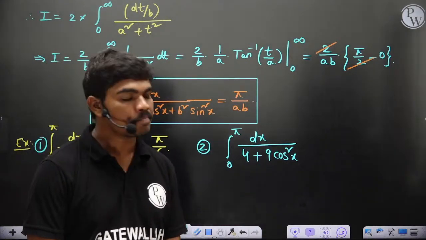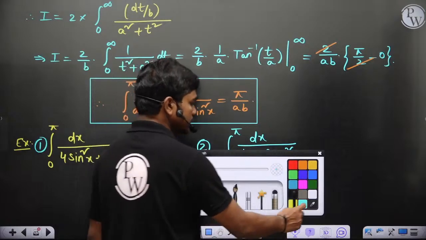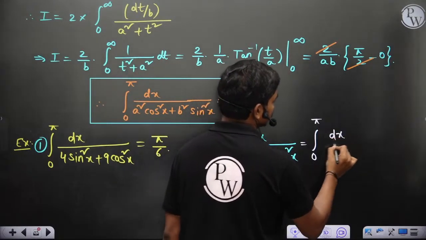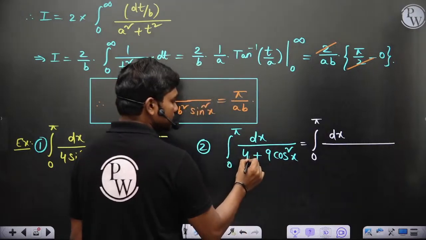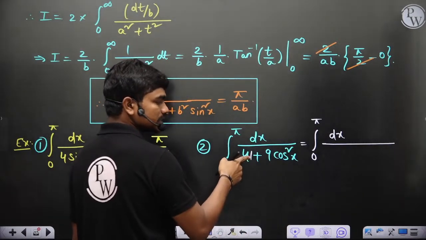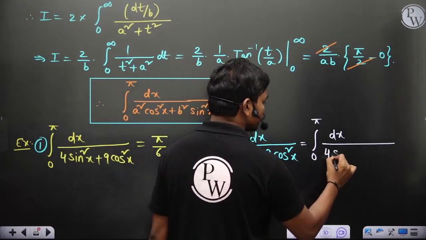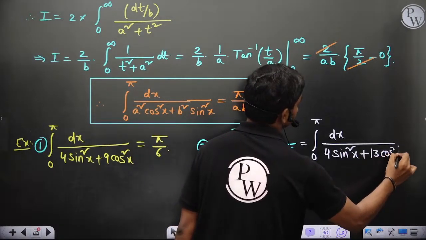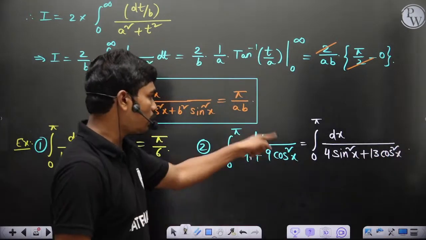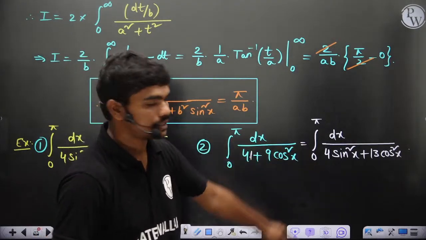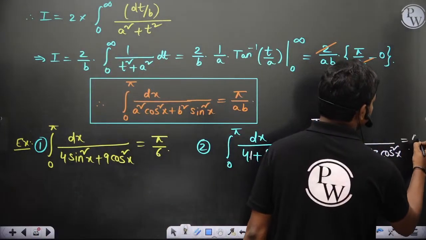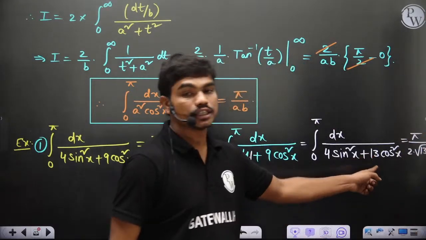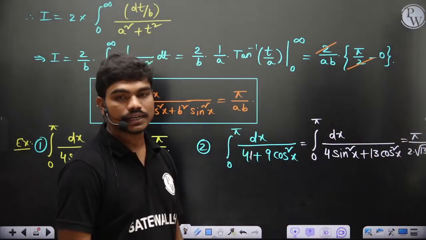In such a case, what you can do is write the integral 0 to pi dx by, 4 into 1, where this 1 can be written as sin square x plus cos square x. This term becomes 4 sin square x plus 4 plus 9, that is 13, cos square x. So integrals of this form can be converted to this form, for which you know the answer directly. So this is pi by 2 times square root of 13, because this 13 can be written as root 13 whole square. So pi by 2 root 13 is the actual answer.